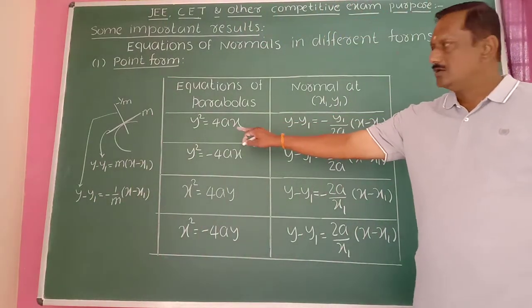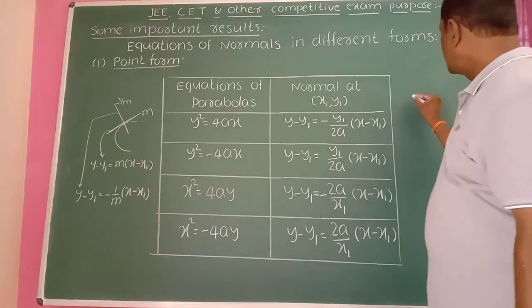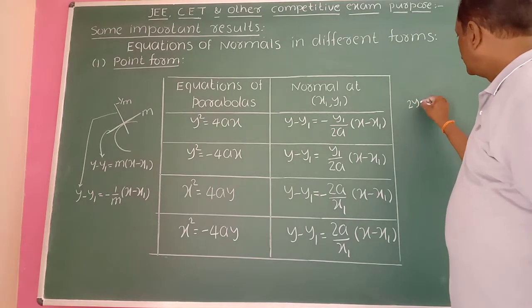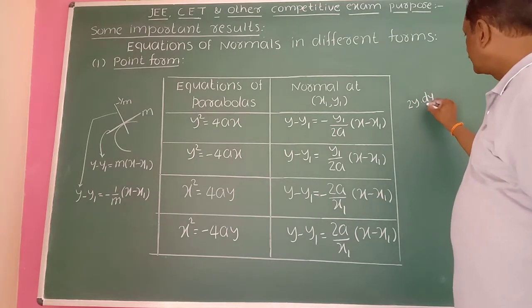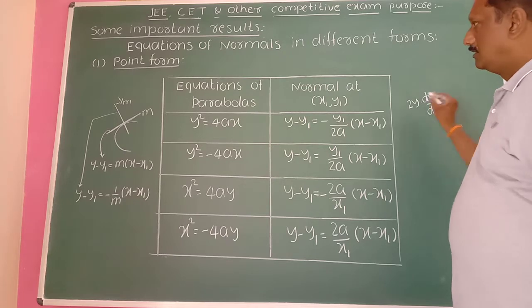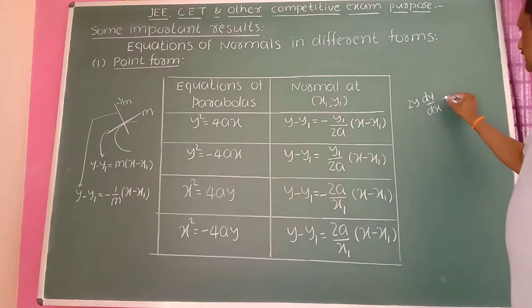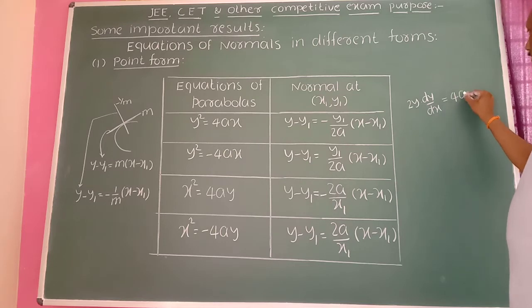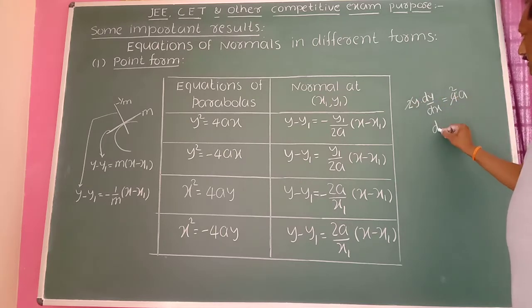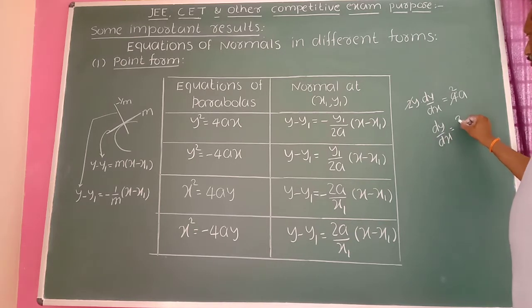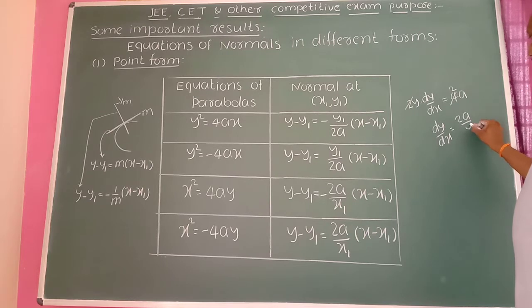The derivative of y square is 2y into dy upon dx, and the derivative of x is 1 into 4a, which becomes 4a. Then the 2s get cancelled, so dy upon dx is equal to 2a divided by y.